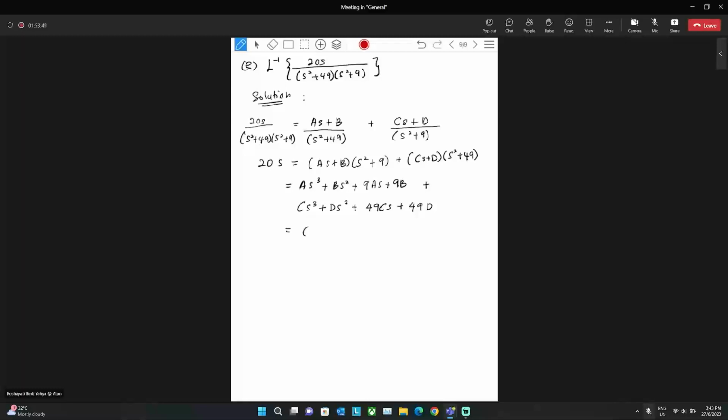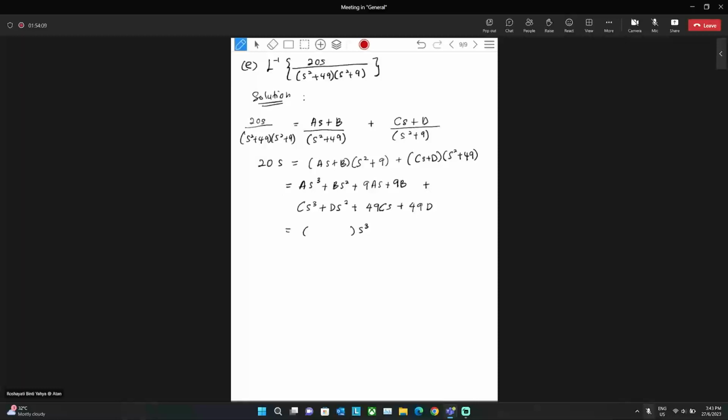Okay, for s to the power of 3 you can combine, because in this case we have s squared. So we can combine everything and then we go for equating coefficients based on the power of s.